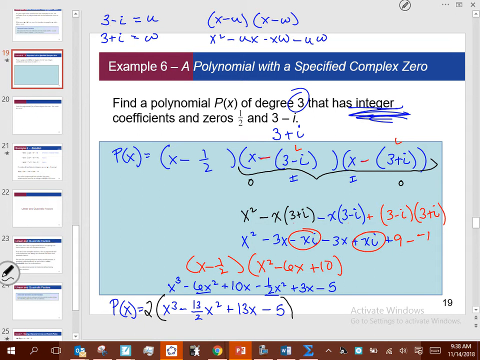I would probably venture to say I would want a positive one. It's going to make things a little bit easier here. But multiplying everything by 2 would give that thing there, right? Okay. Now that's the P of x they're looking for.